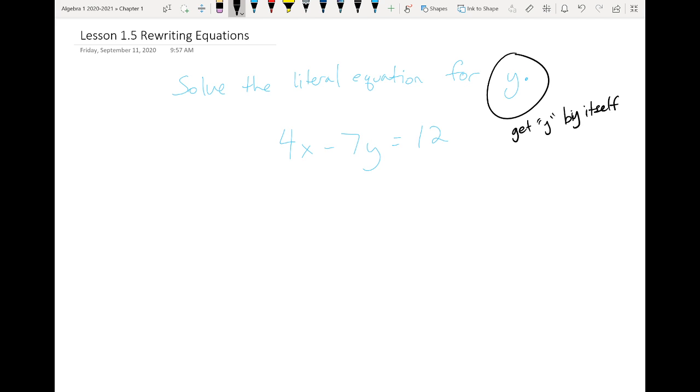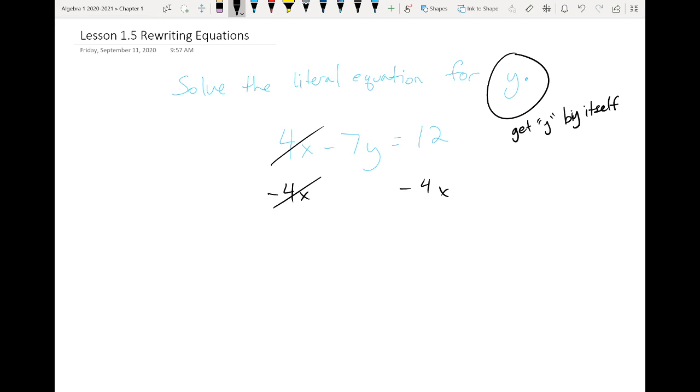So you have to remember the inverse order of operations, right? There's the order of operations, but we're going to go in the reverse order when we do the inverse operation. So here, rather than dealing with that multiplication first, and then the addition, we're actually going to deal with the addition first. So we're going to get that y by itself first by moving that 4x off of the left side.